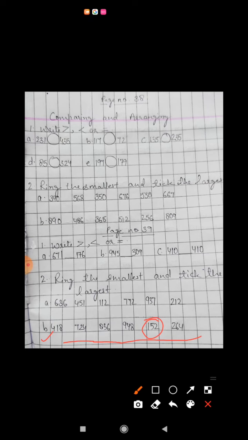Okay, the smallest digit on hundreds place is 1 of 152, so we have to ring this one. Now greatest here on hundreds place 9, na, so this is greatest, 948. Put here tick sign. Okay, here you have to tick the largest number 948. Rest of the part you will do in homework in your books.